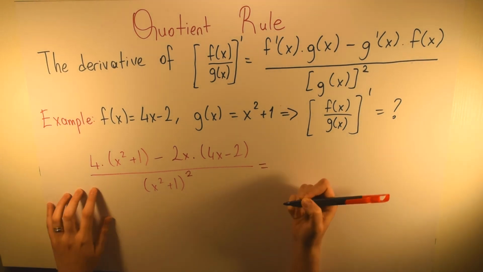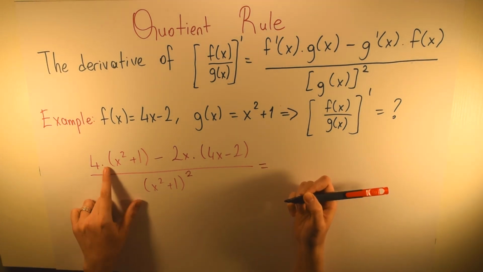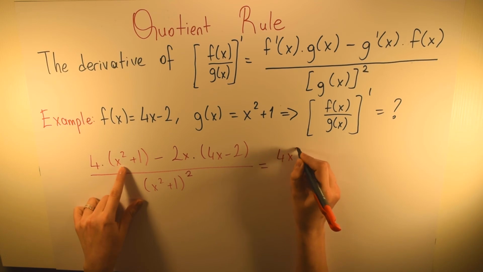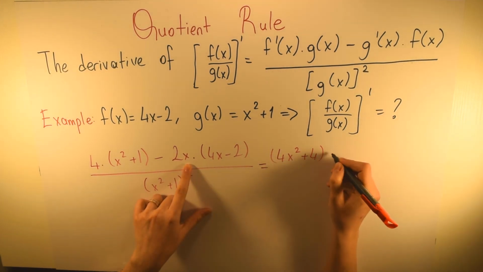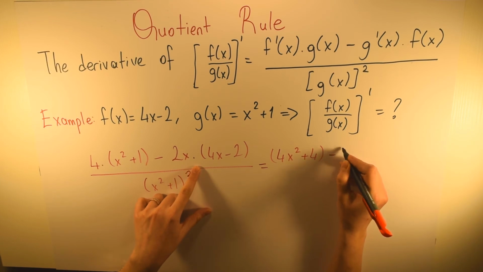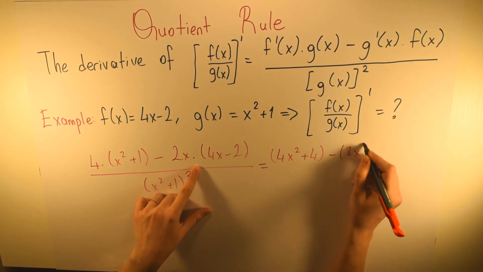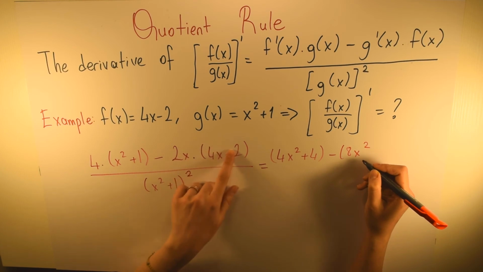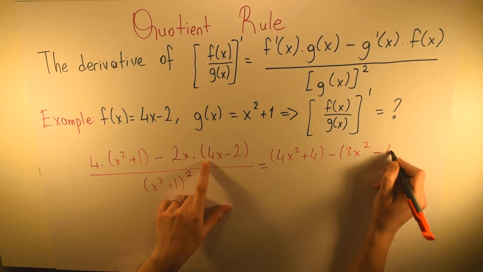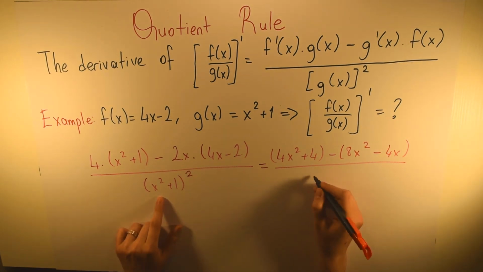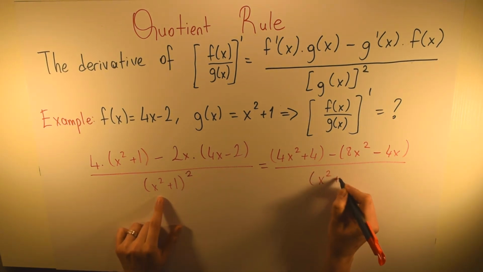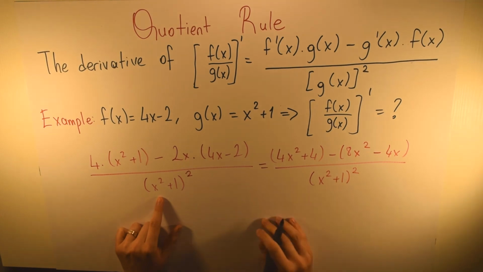So let's continue. Here we have 4x squared plus 4, and here we have minus 8x squared, and this is equal to minus 4x over x squared plus 1 to the power of 2.